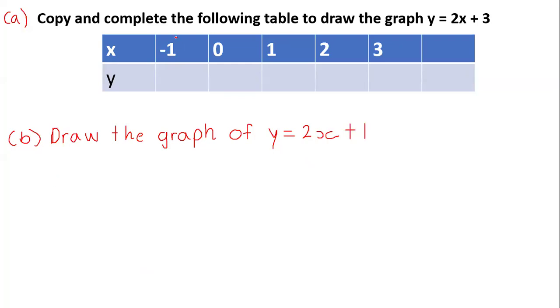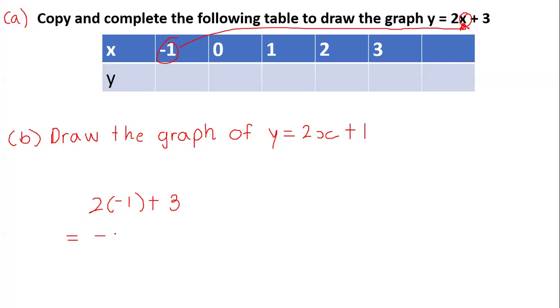We're going to take -1 and put it inside this equation for x. So instead of x, we're going to put -1. Then we say 2 multiplied by -1. What is 2 times -1, Joseph? -2.